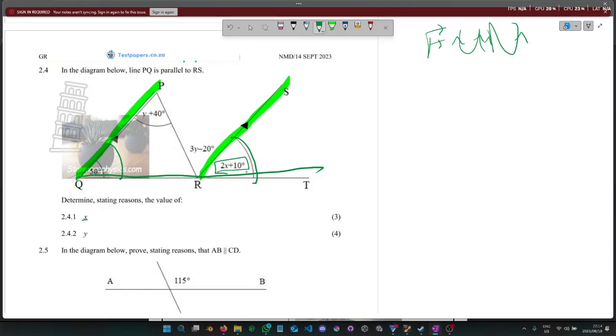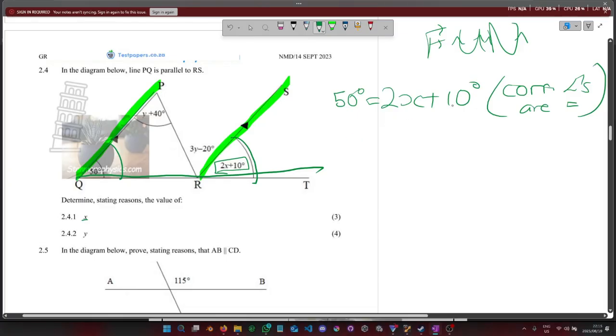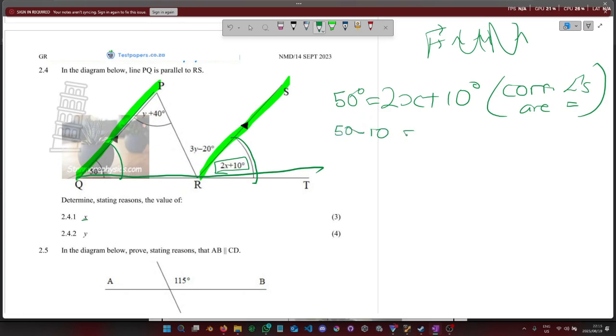But hey, look at this. We got 50 degrees is equal to 2x plus 10 degrees. Why? Because all corresponding angles are equal, right? So let's solve this. Move the 10 to that side. 50 minus 10 is equal to 2x plus 10 minus 10, right?